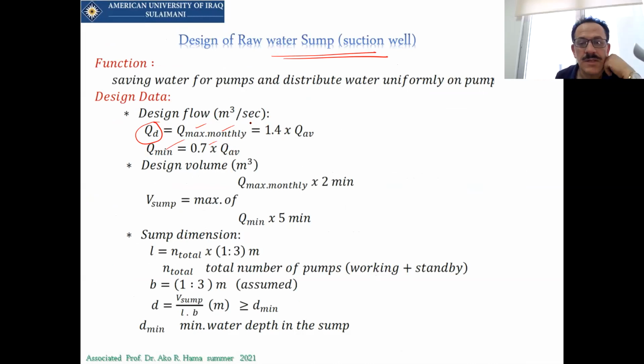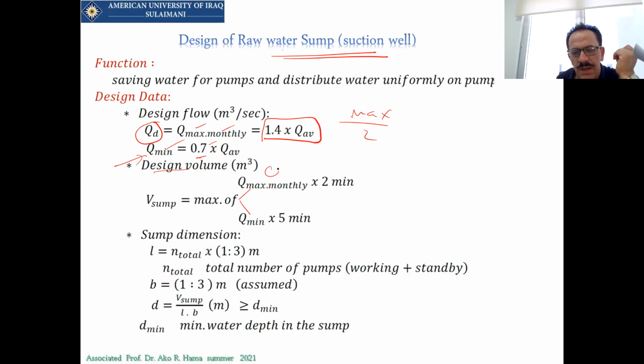Remember that the maximum monthly is considered as the design flow, and multiplying Q average by 0.7 is considered as the minimum. Minimum means the design maximum divided by 2.